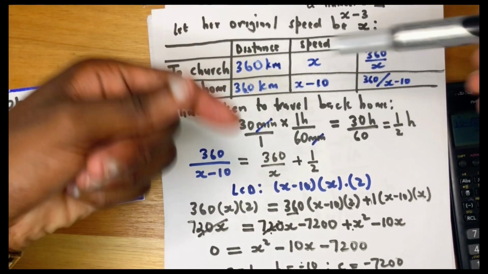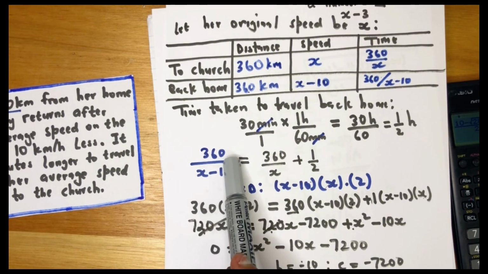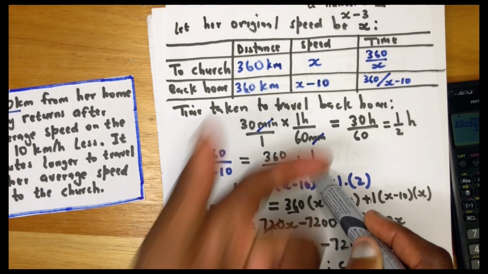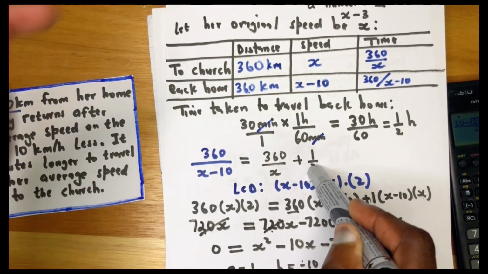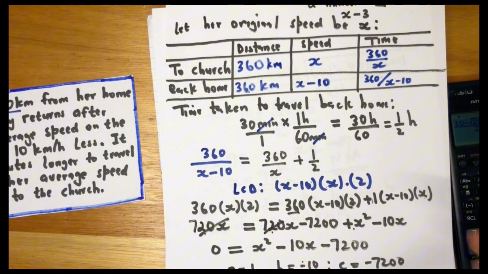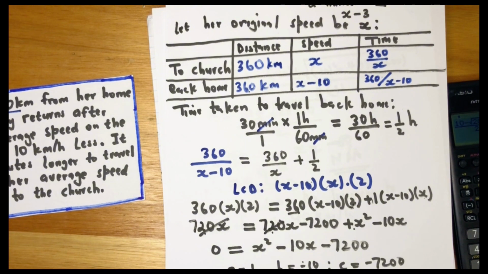There was a little delay when she was there at church, so that's why we have 360 over x minus 10 equal to 360 over x plus the time that took Ntombi when she was there at church, which is 1 over 2 hours. Then we have to set up the standard equation. So that was the first question that we have here, which was easy.